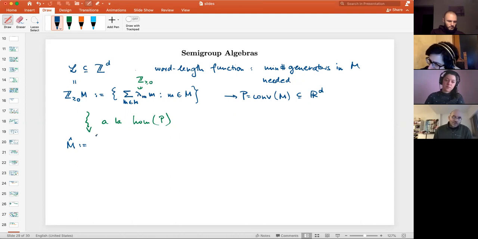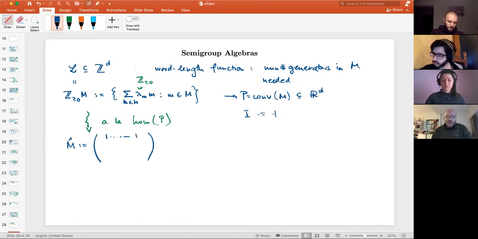As usual, I will write my generators as a matrix. Let's introduce a notation. What I want to write in this matrix are the integer points in P. Let's write I for integer points.